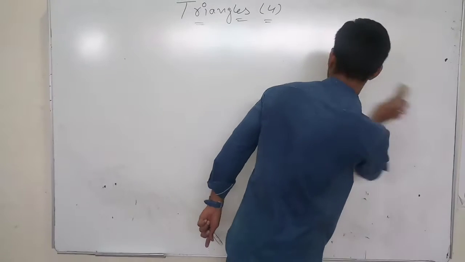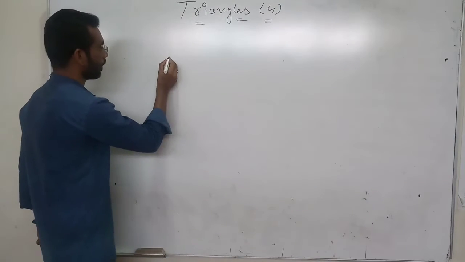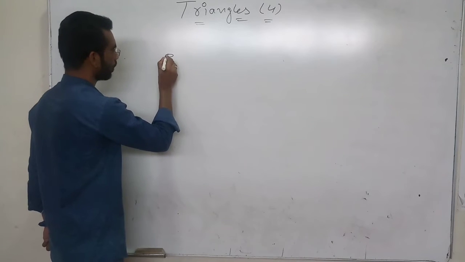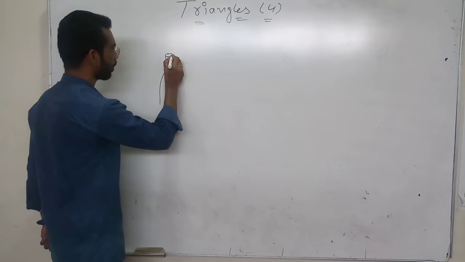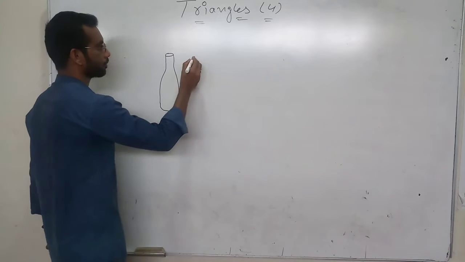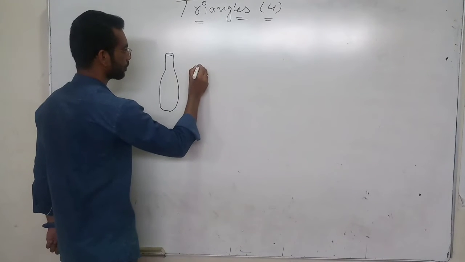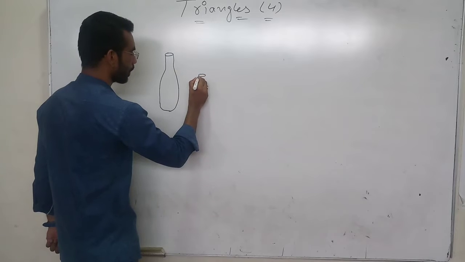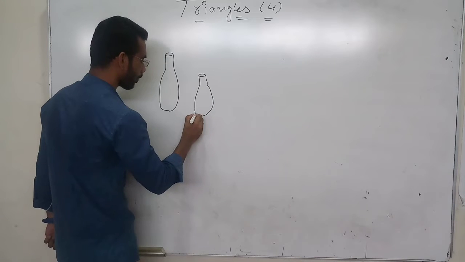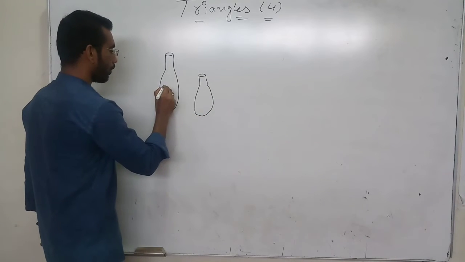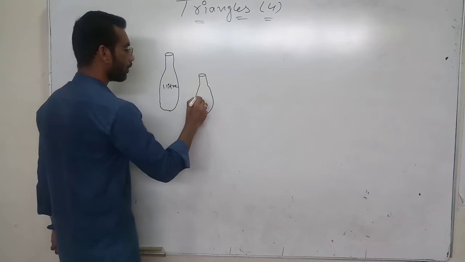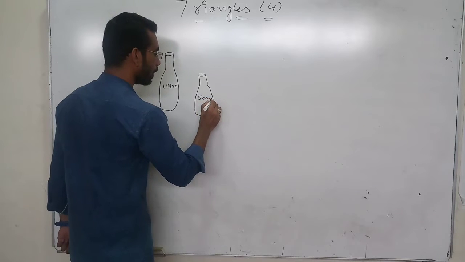Congruence and similar. Example, if you take two bottles, this is of 1 liter, this is of 500 milliliter.